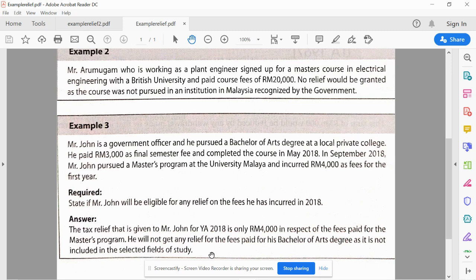So the deduction here is only for degree at a postgraduate level, right? That is master's or doctorate level, okay, but not for degree level.